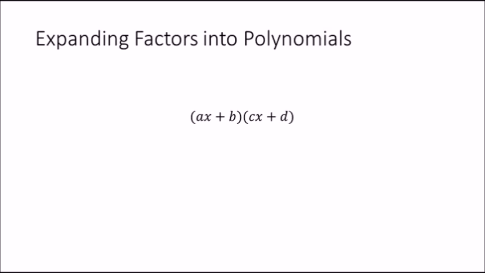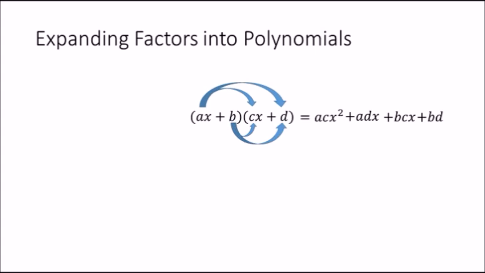In order to expand this set of factors out, we do something you probably remember from middle school math called the FOIL method. We take the first 2 terms multiplied together, the outside terms multiplied together, the inside terms multiplied together, and the last terms multiplied together.